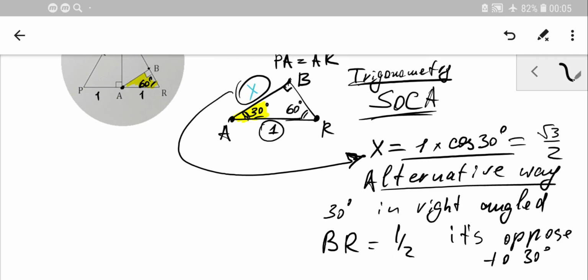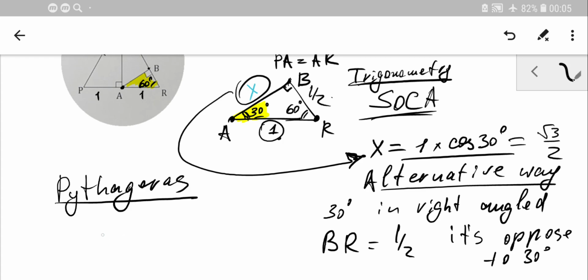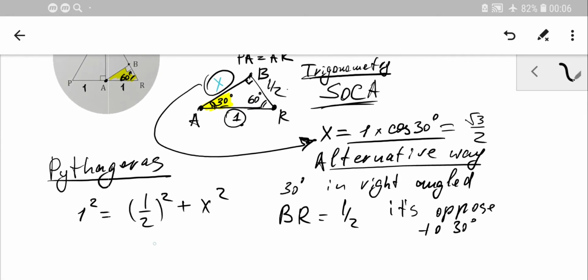So 1/2. Now that we have a triangle with sides 1/2, how do we find x? Use Pythagoras' theorem. Using Pythagoras, we know that 1 is the hypotenuse. 1 squared equals 1/2 squared plus the other leg, x squared. From there you can easily find x. Transfer 1/2 to the left side and square it.